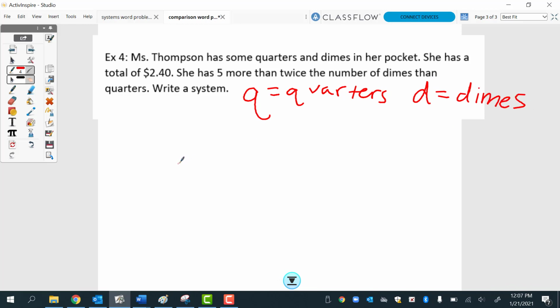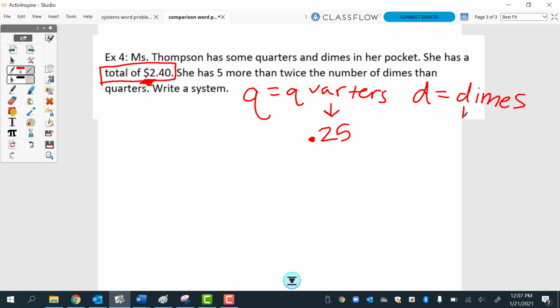Okay, so I had my total equation, total of $2.40. Now this is money, so that means I'm not just going to do Q plus D equals 240. I need to have some money numbers with my quarters and dimes. Now, thankfully, we know that quarters are how much? Well, they're 25 cents. So as a decimal, that's 0.25.